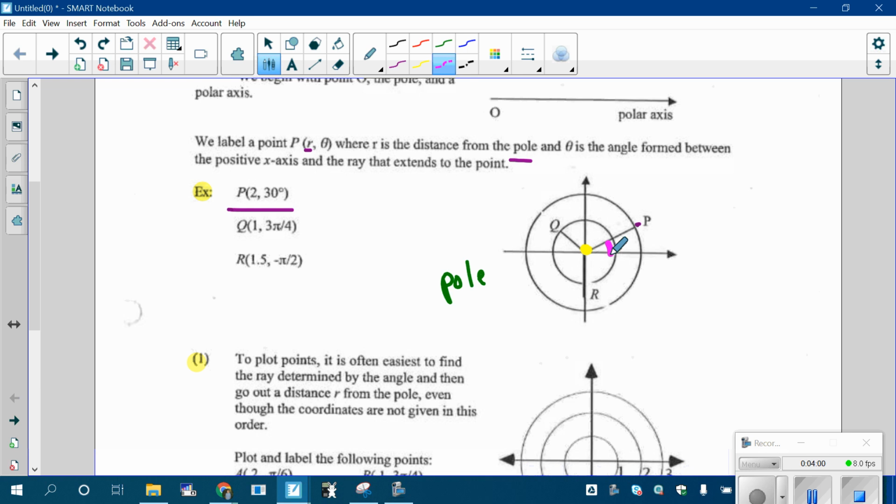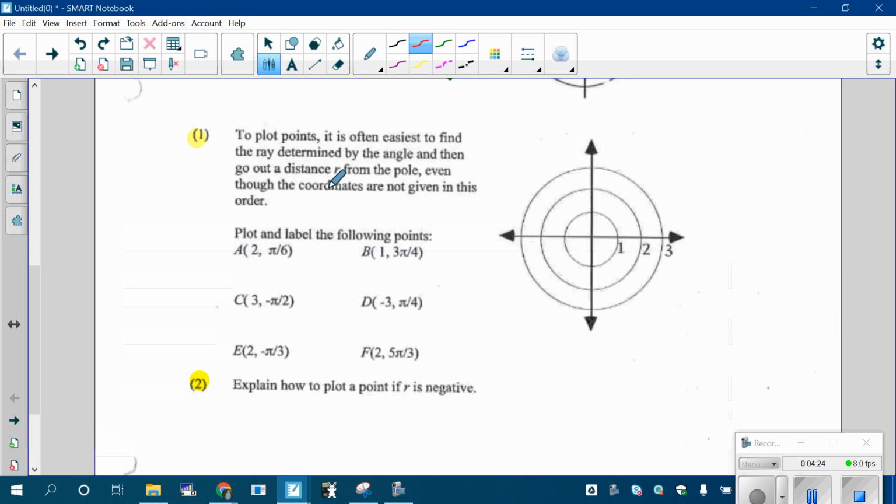That's where it is. That point Q is 1 unit from the pole, and it's spun 3π/4 radians from the positive x-axis. And that tells you where the point is. Again, we're abandoning the idea of over and up, and instead doing how far from the pole and at what angle. Okay.